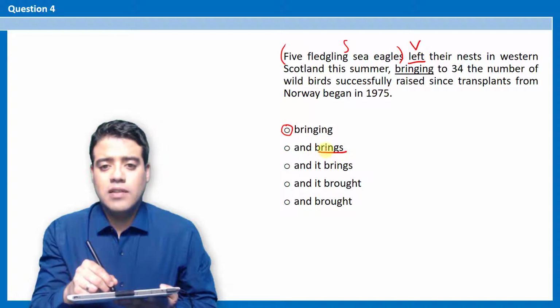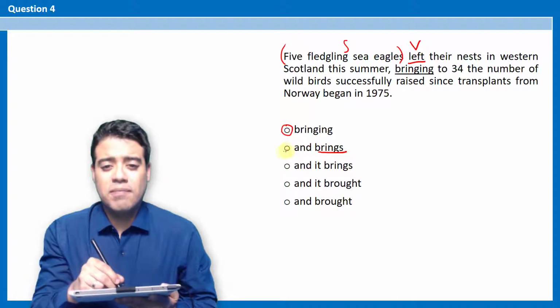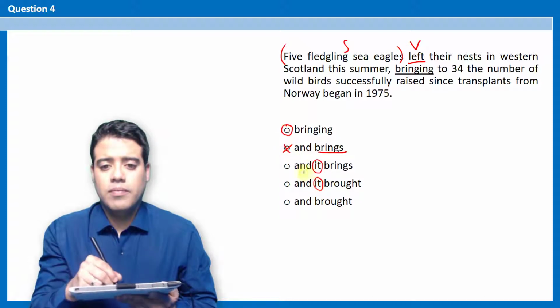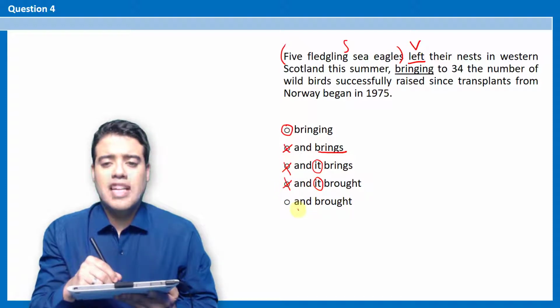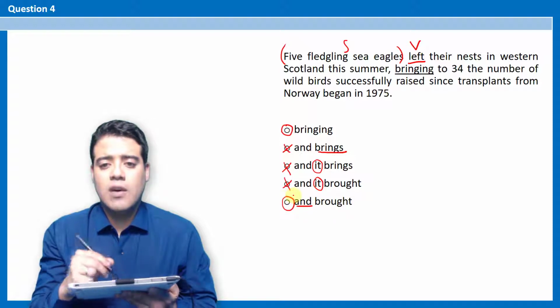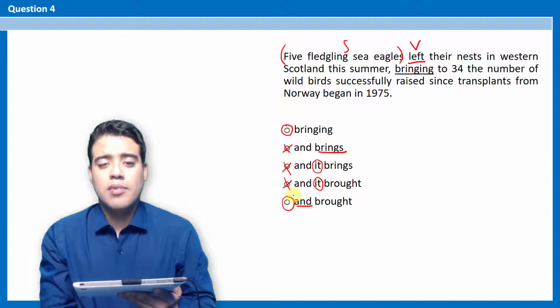Be careful with brings. Brings is singular and is not parallel. Eagles left and brings. Doesn't work. It is singular. I cannot use a singular pronoun because eagles is plural. Now be careful with the last one. Some people like E because they say, oh, the eagles left and brought.